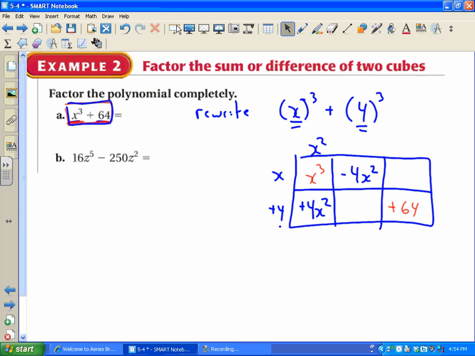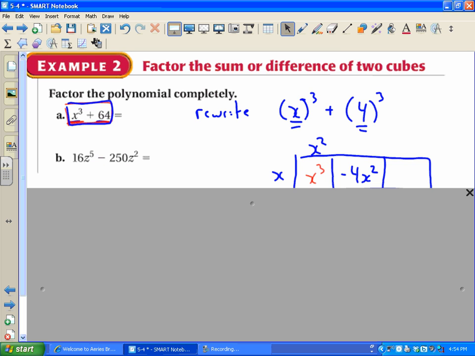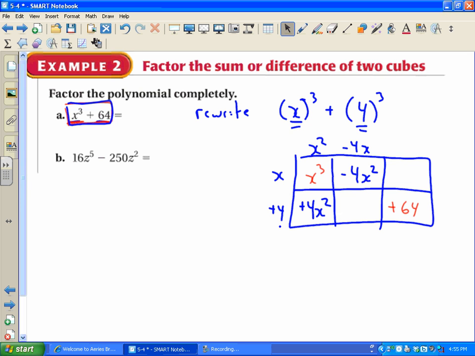Once again, if I have a negative 4x squared and I factored out an x, it should tell you that this term now needs to be a negative 4x, because negative 4x times x is negative 4x squared. At that point, I can multiply my negative 4x times my positive 4, and that will give me a negative 16x here.